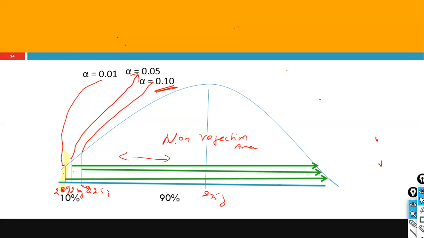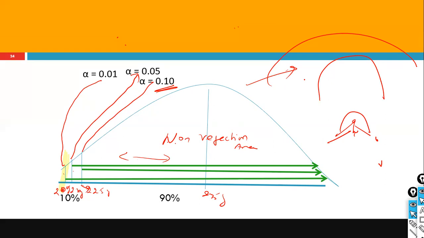See, it's something like the goal post in school. If the goal post is very small, what will happen? The chance of hitting the goal is very remote, right? Because the goal is 6.2 feet height, and you can jump here and block it. If it is too wide, what will happen? The chance of hitting the goal is very high. That's what. If alpha equal to 0.01, a value can still fall in the non-rejection region area.